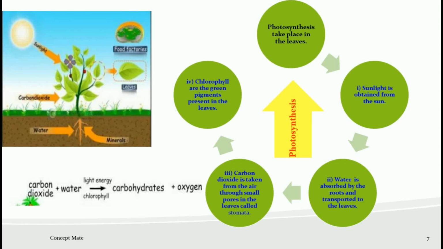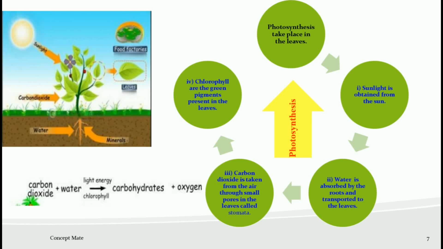Now, I did mention a term called chlorophyll. Are you wondering what this chlorophyll is? The chlorophyll is a green pigment which is present in the leaves and it is responsible for capturing sunlight which is necessary in the process of photosynthesis.